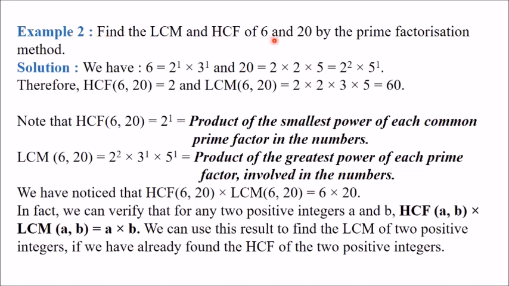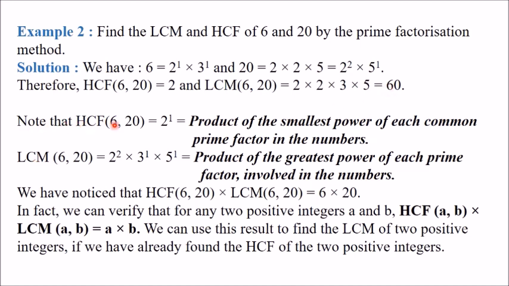Find LCM and HCF of 6 and 20 by the prime factorization method. So you see, 6 can be written as 2 into 3, and 20 can be written as 2 into 2 into 5, which is 2 square into 5. Therefore, HCF of 6 and 20 is equal to 2, and LCM of 6 and 20 is 2 into 2 into 3 into 5, which is equal to 60.